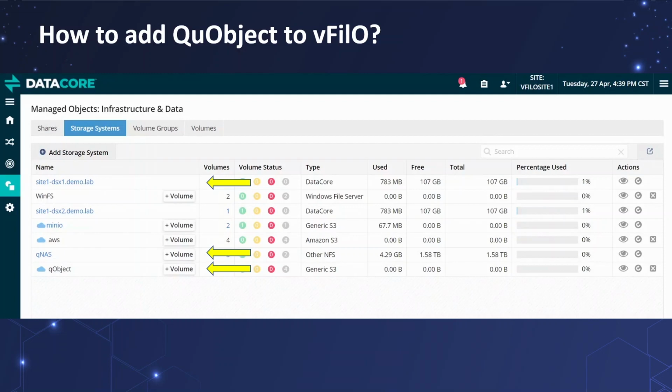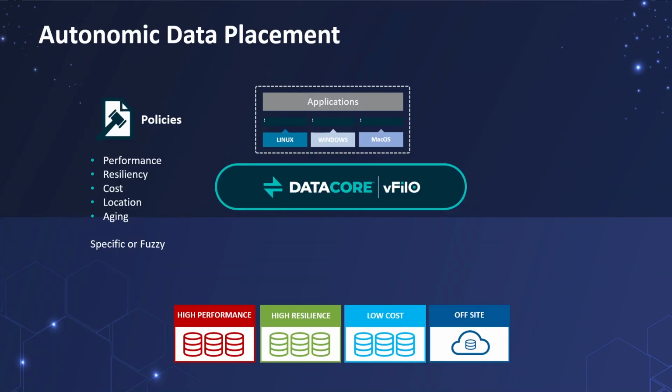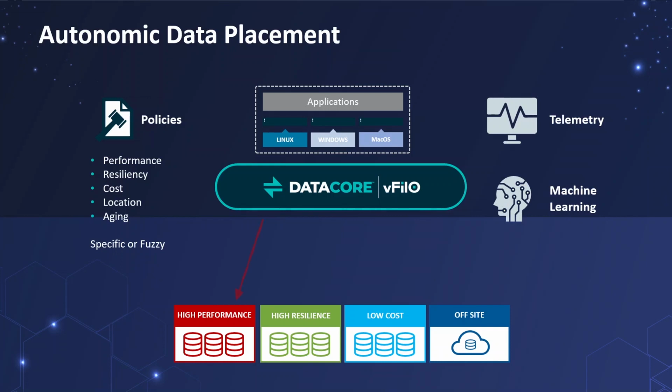All right, so now we added the QObject to vFilO, and we also have some block devices and some NAS devices. So we have different kinds of resources. So what's next? Well, DataCore can help you automatically put the data in the right place. DataCore itself has telemetry. It will automatically learn the capability of the device.